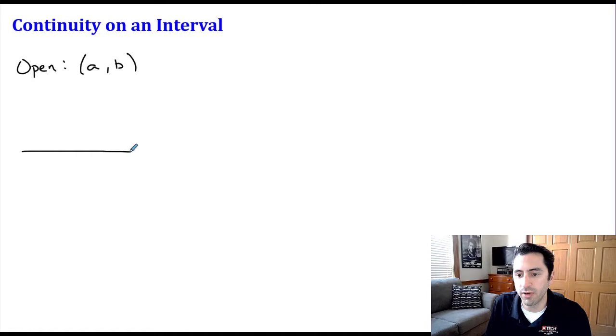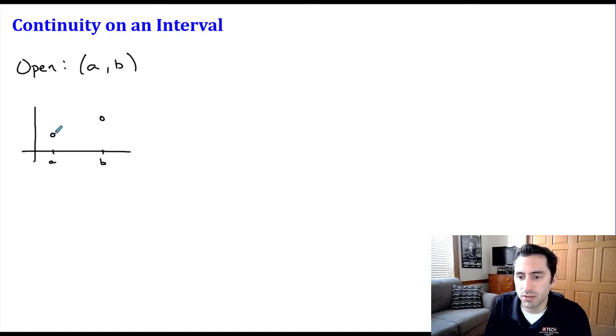To take a look at what a graph of this would look like, we have our two numbers A and B, and then our function is going from A to B. But the open interval means that we're not including A and B in our interval. So to indicate that on a graph, we're going to have two open circles.